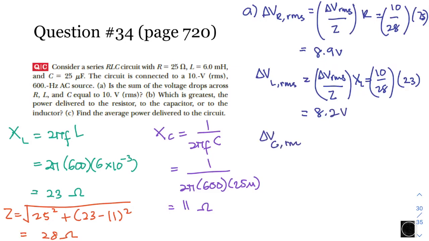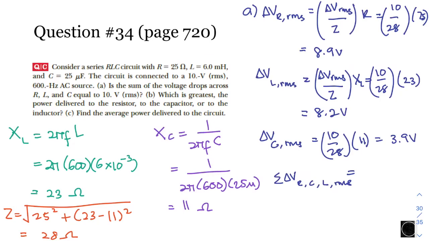Repeat the same step for the capacitor, which gives you 10 over 28 times 11, which is 3.9 volt. If you add up the sum of delta V across R, C and L in terms of RMS, you will get 20.9 volt, which is not the same as 10 volt.